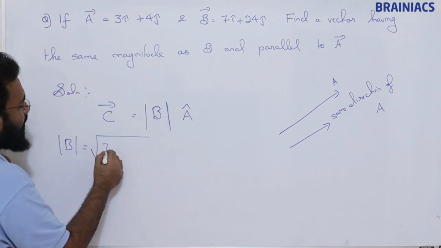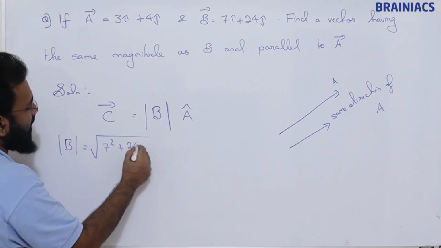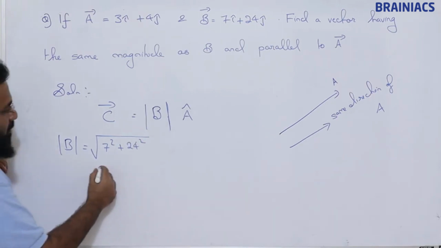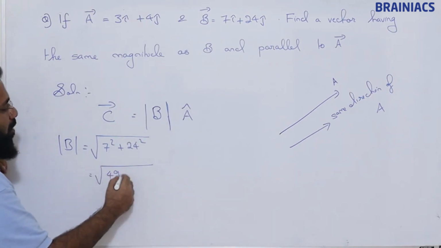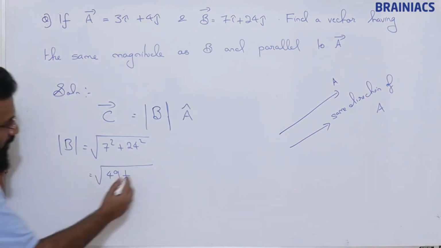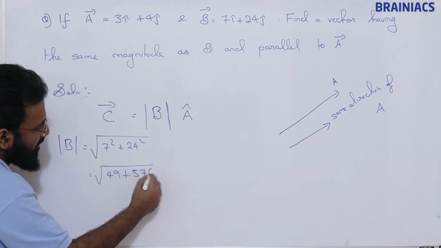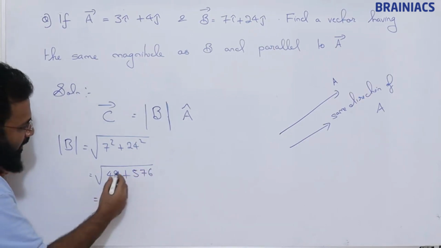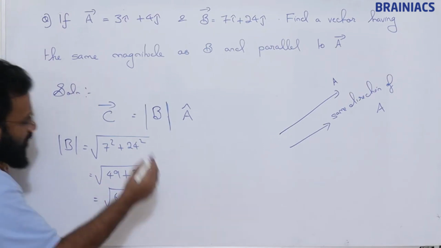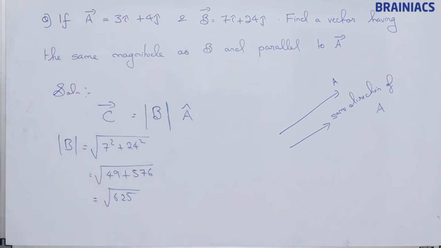So what is the magnitude of B? Root of 7 square plus 24 square. This is going to be 49 plus, how much will be 24 square? This will come around 576. We will be getting 625. So root of 625 is 25.